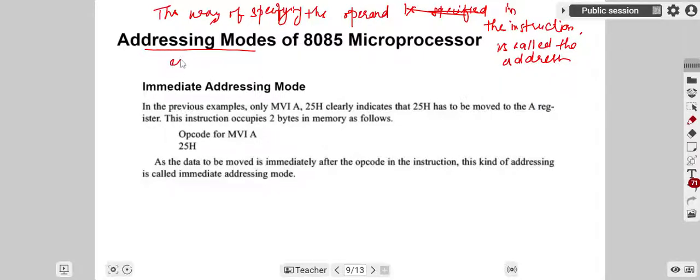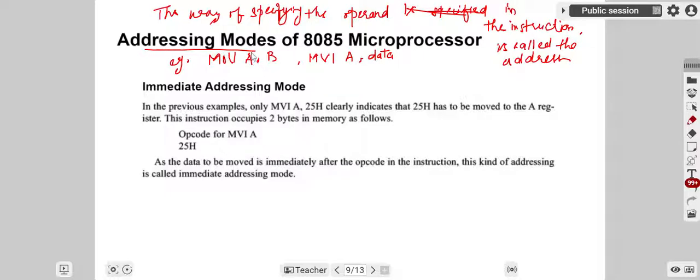For example, with the move instruction, the operands are provided inside the registers. Similarly, with the MVI instruction, one of the operands is provided in one register, and the second data is provided with the instruction as immediate 8-bit data.